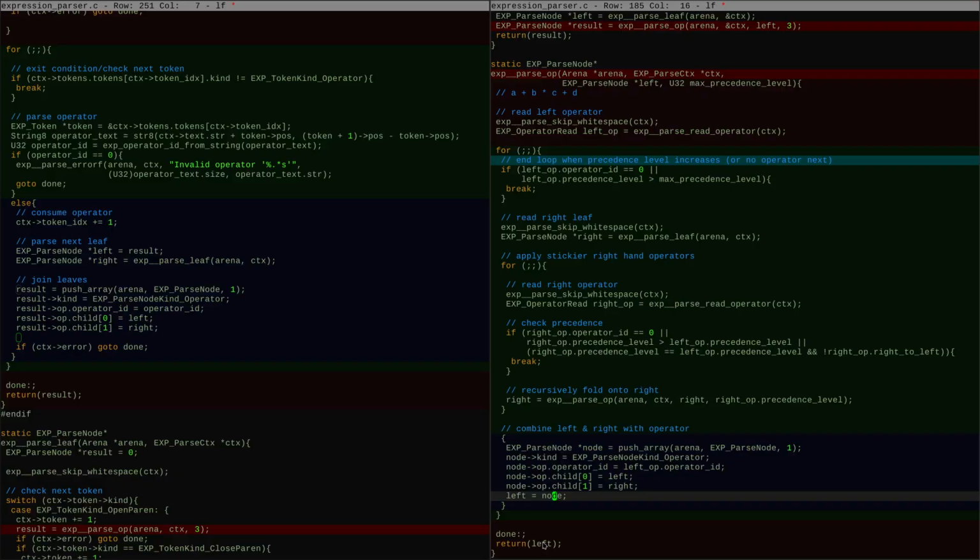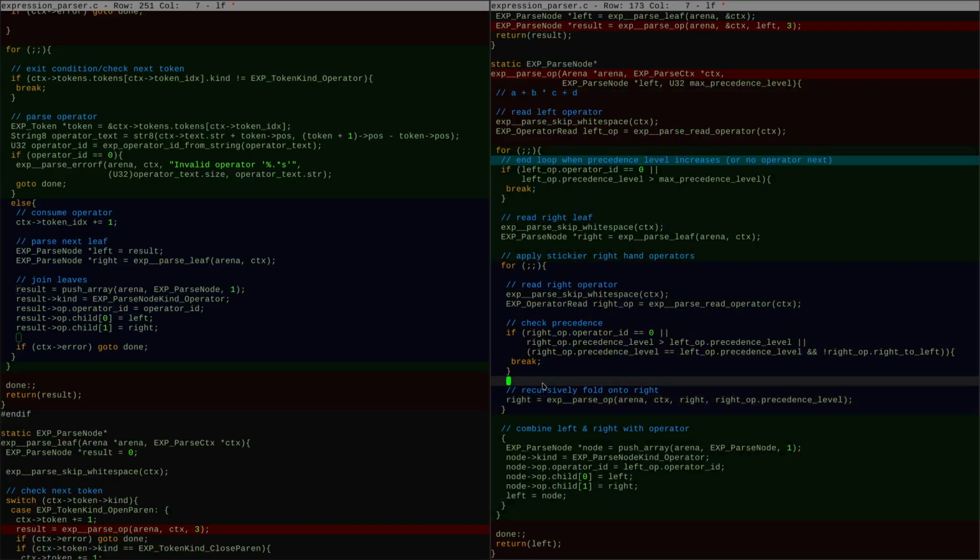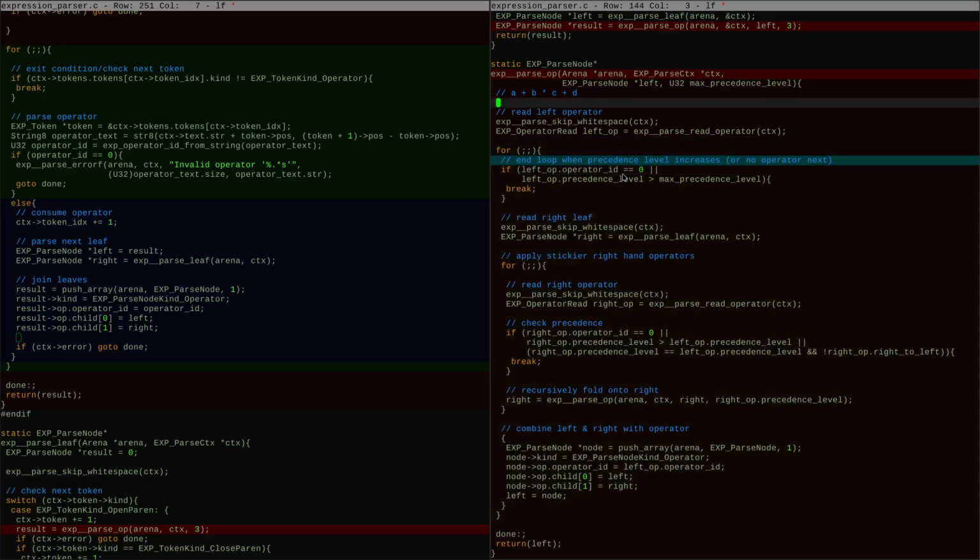We'll set that and then we'll return. Then at this level, it'll get back to B times C here, and having a plus here, it will then combine that to there, and then it just needs to read the left operator again.